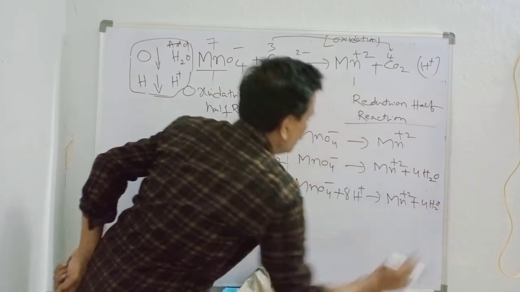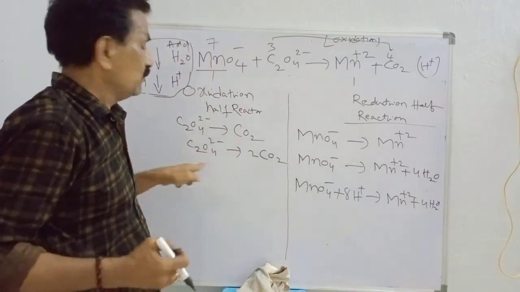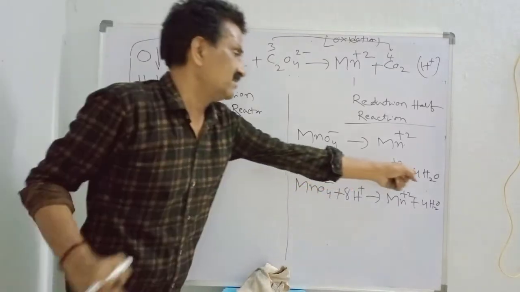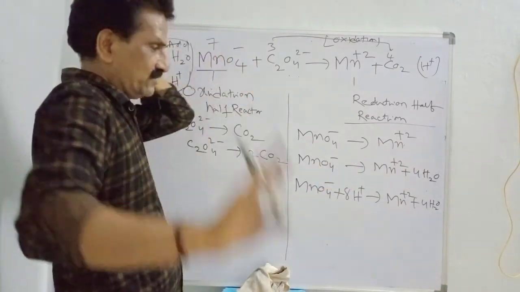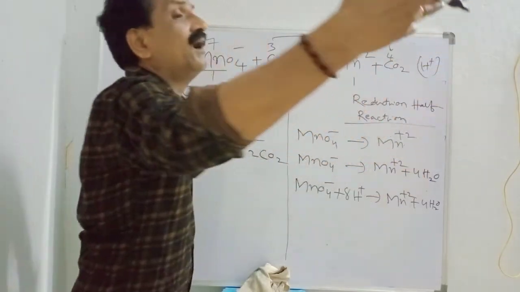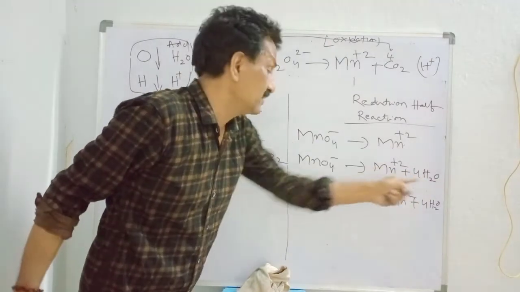So we have finished the main atoms. We have finished oxygens and hydrogens. For 4 oxygens, where oxygens are less, we have added 4 H2O.